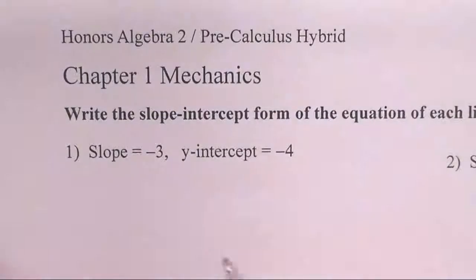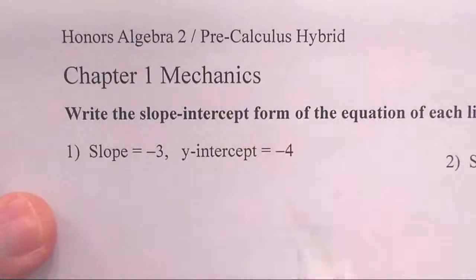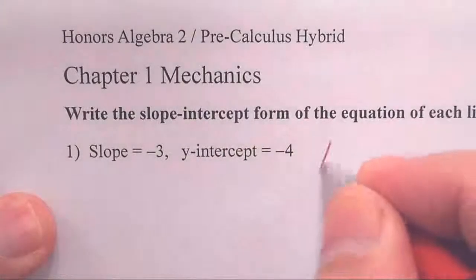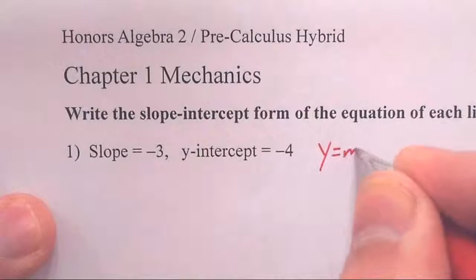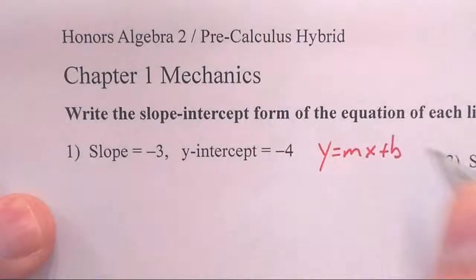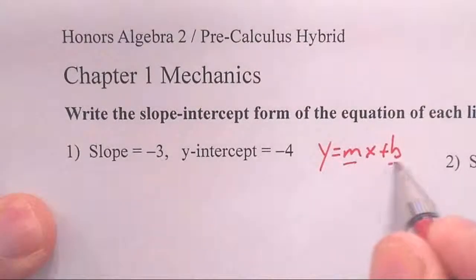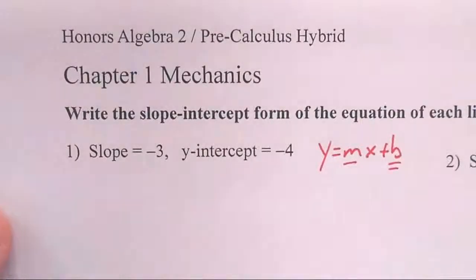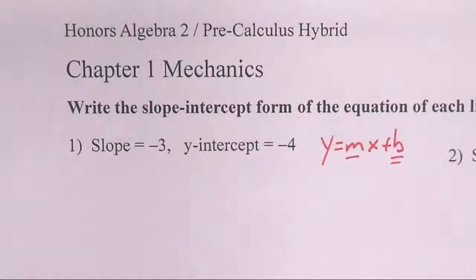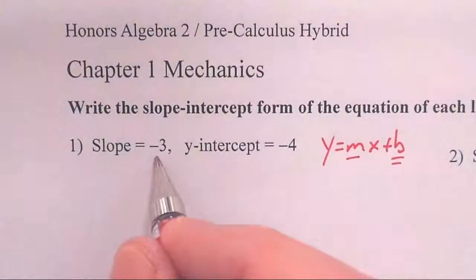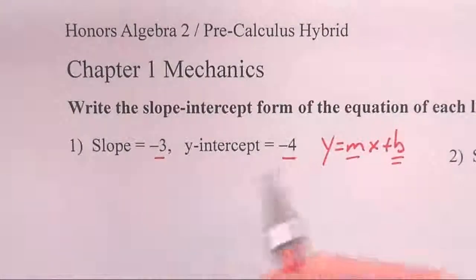So let's get started. Write the slope-intercept form. Slope-intercept form, y equals mx plus b, where m of course is the slope, b is the y-intercept. And we'll be doing this for a number of problems at the beginning of this worksheet, but it doesn't get any easier than when they give us the slope and they give us the y-intercept.